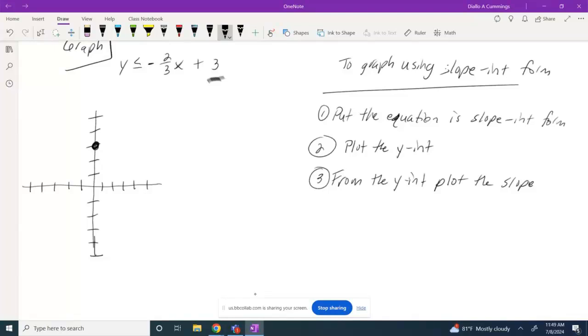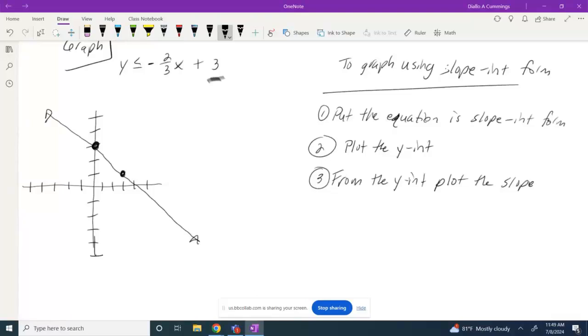I'm going to go down 2, and I'm going to go over 3 places to the right. 1, 2, 3. Since I have an equal to in my inequality, my line is solid. So that's what the graph looks like.